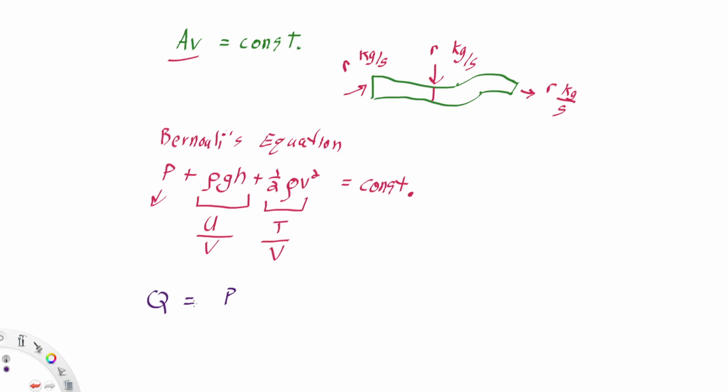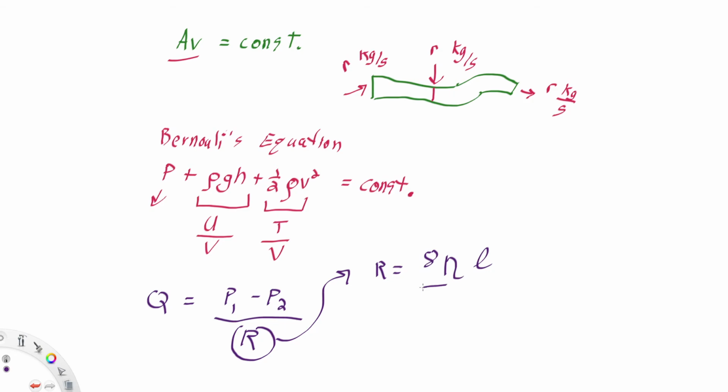The flow rate through a region is equal to the difference in pressures divided by the resistance to flow. And this resistance to flow is slightly complicated. So it encompasses the length of the pipe, the width of the pipe, the viscosity of the fluid.